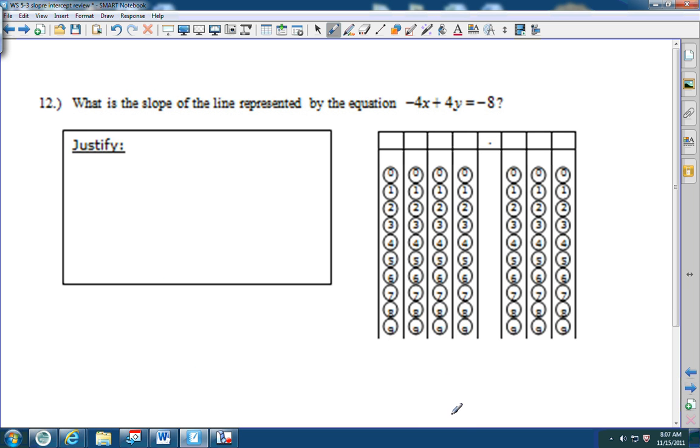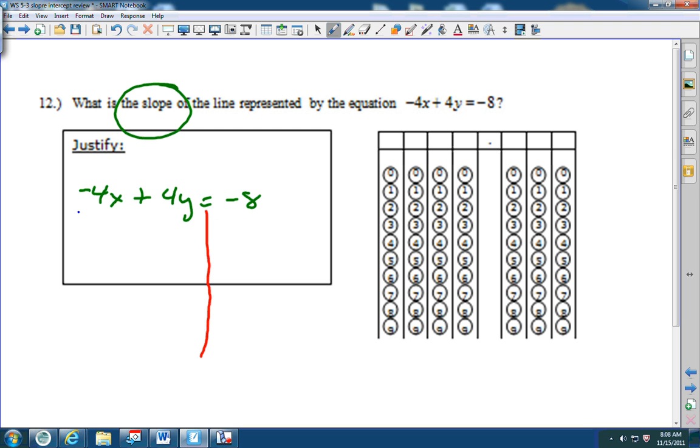Next one. Right here, it's asking you for the same thing. What is the slope? Pause that video and see if you can find out what the slope is. The biggest mistake would be if you chose negative 4 as a slope. That is not what it is. You must solve for y. So I have minus 4x plus 4y equals negative 8.